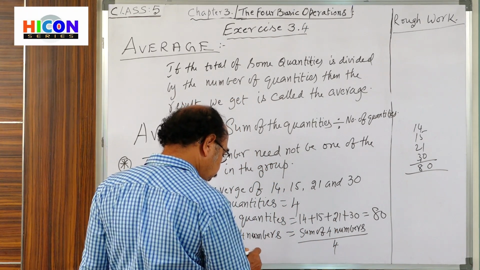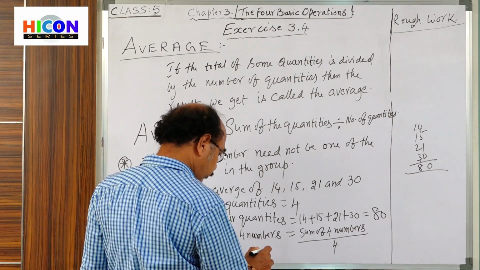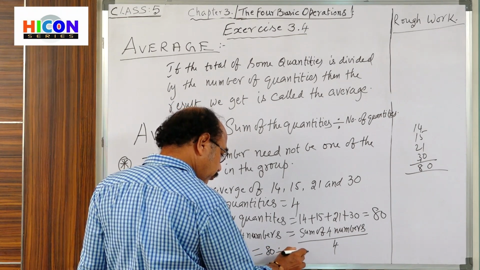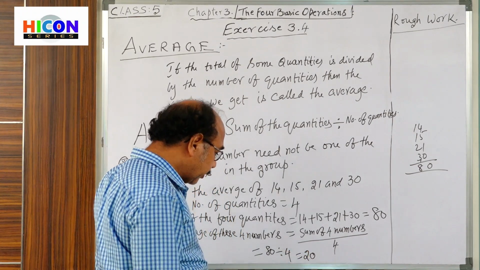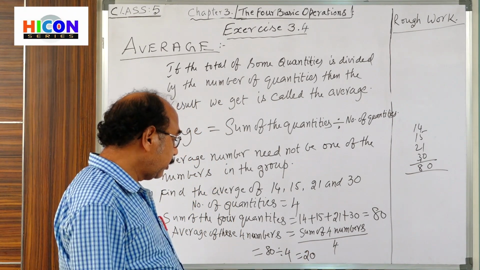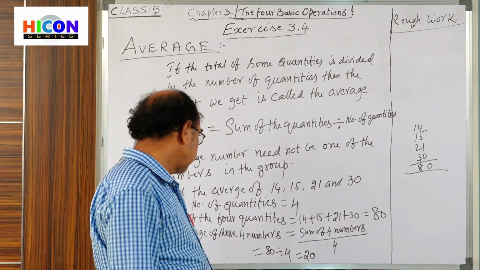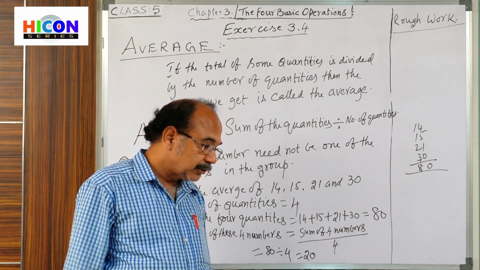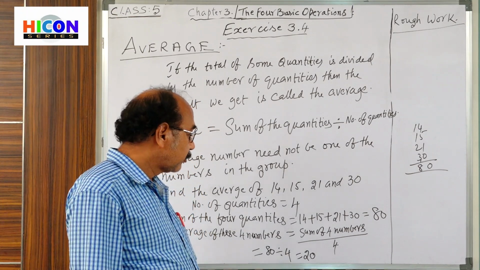The 4 numbers total is 80. 80 divided by 4. 4 divides 80 20 times. 20 is the average. Okay. So, the average of the 4 numbers is 20.